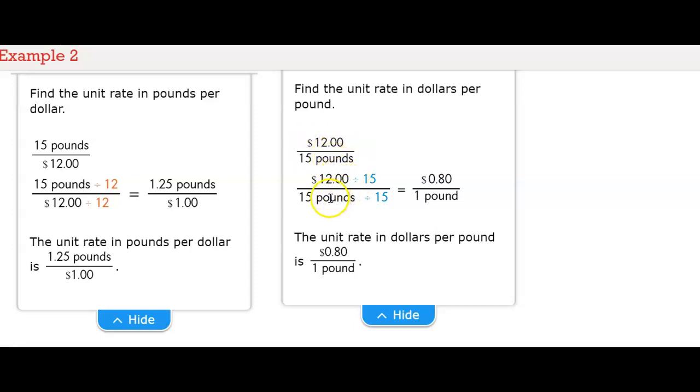And then instead of getting 12 to equal 1, we want to get the pounds to equal 1 pound. So we divide by 15 to get the 1 pound, and you also divide $12 by 15 and you get 80 cents. So the unit rate in dollars per pound is going to be 80 cents per pound.